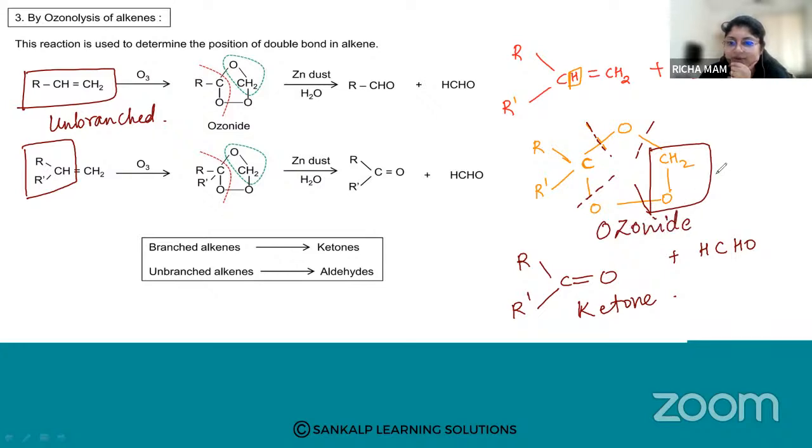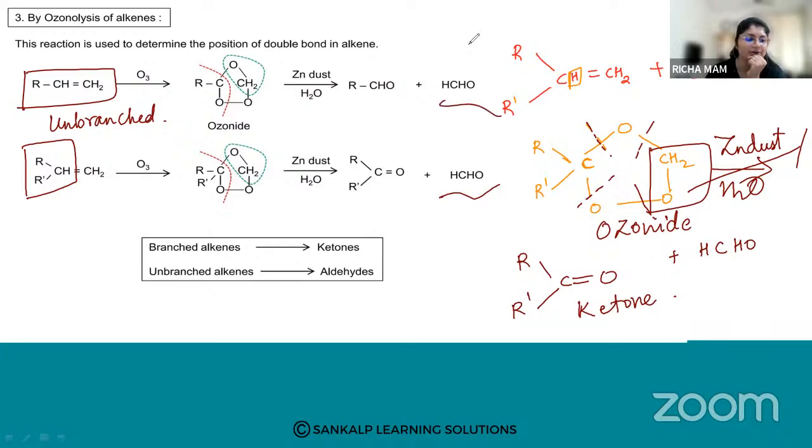This ozonide we treat with zinc dust in the presence of water, and we get ketone and aldehyde, formaldehyde. This formaldehyde is a common product. Is it clear? Ozonolysis is very important.